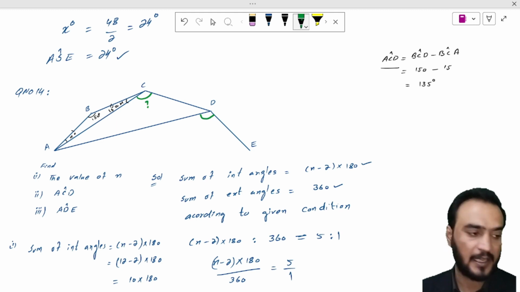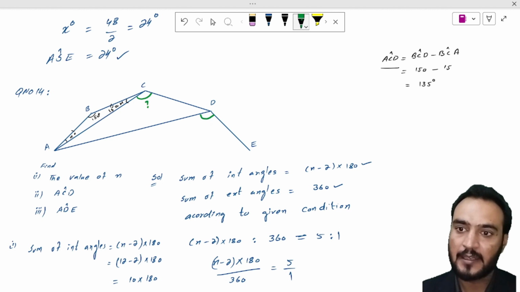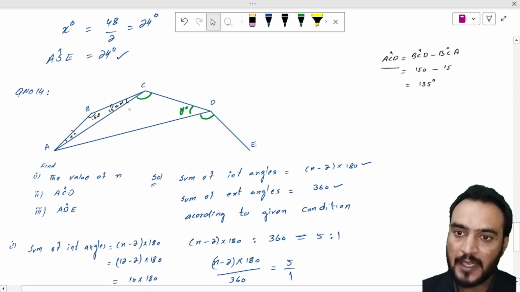To find the angle ADE, we need to find the angle ADC first. Let this angle be y degrees, and we know the angle ACD is now 135 degrees.